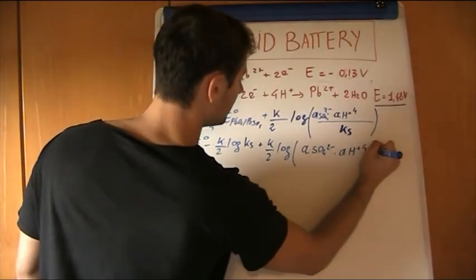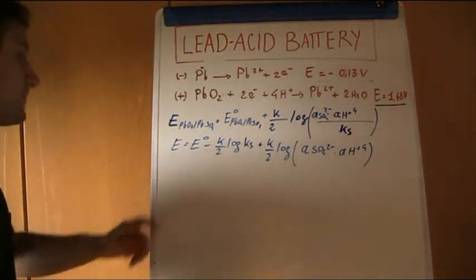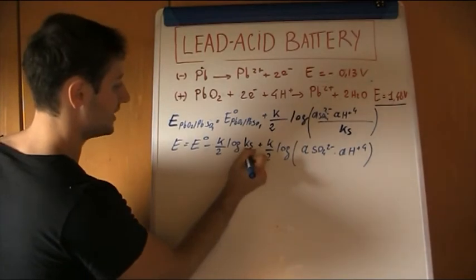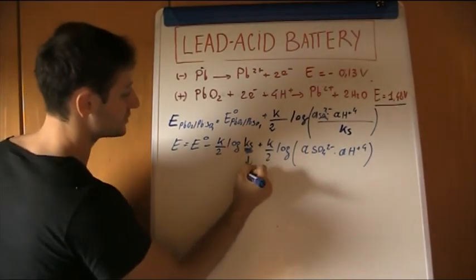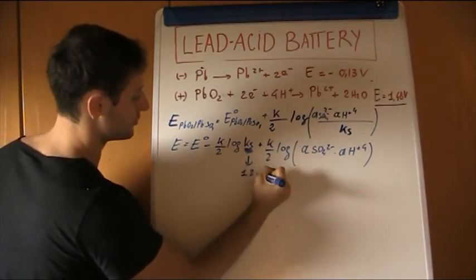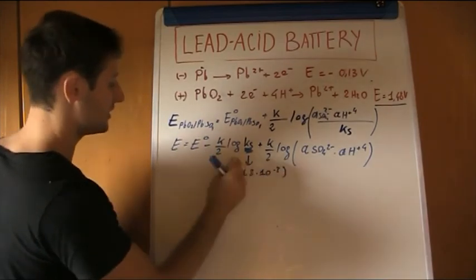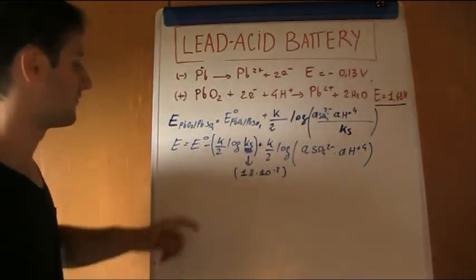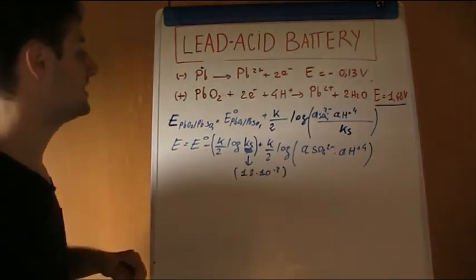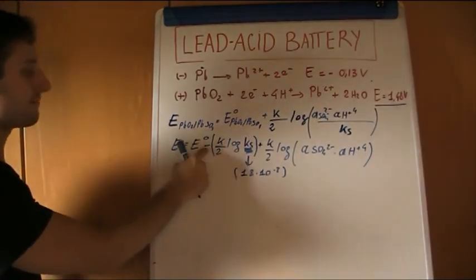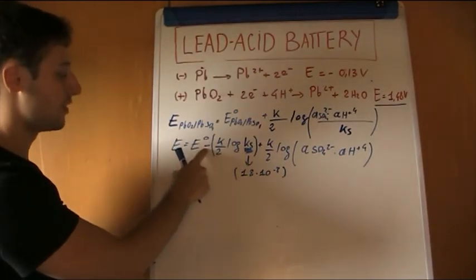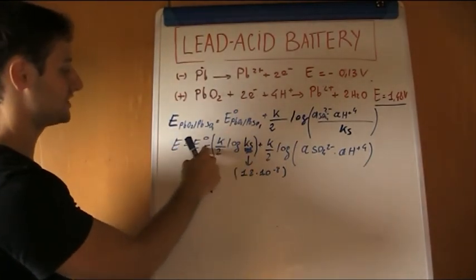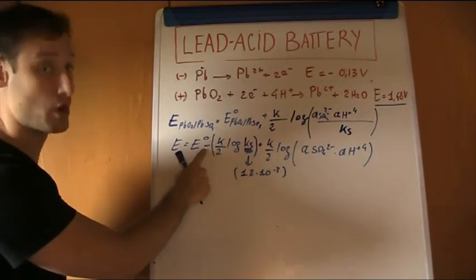And since this value is extremely low, 1.8 times 10 to the minus 8, this type of result will be negative, and since we have a minus sign before, we have a negative for something that is negative, and so this becomes positive.